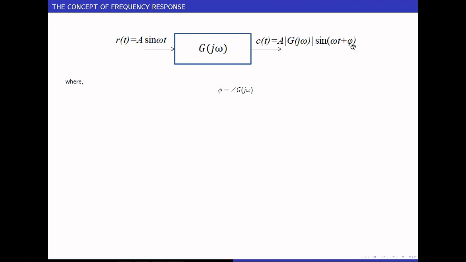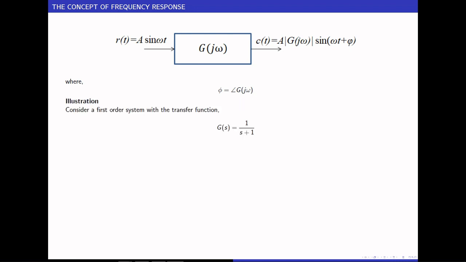And similarly, there is a change in the phase also. The original phase was 0. Yes, we took it as A sine omega t with a phase angle of 0. Whereas the output will have a phase difference, phase lag or lead, which is nothing but given by angle of G of j omega.